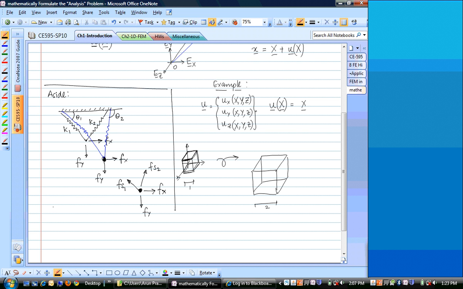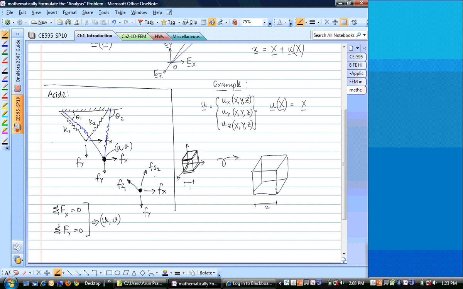So if we write out sum of forces in the x direction is 0, sum of forces in the y direction is 0, that will give me two equations, and then I can find out my displacement. That would be u and v. So is this problem something that you have done before, right?